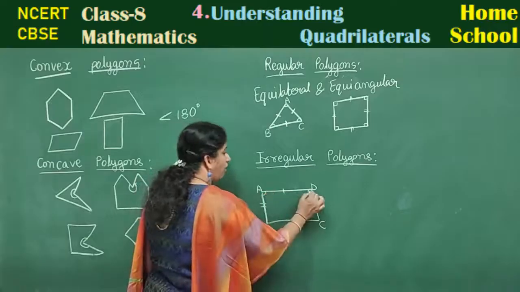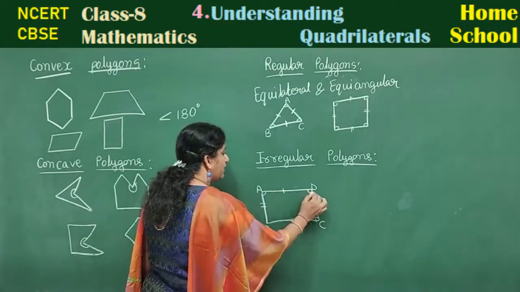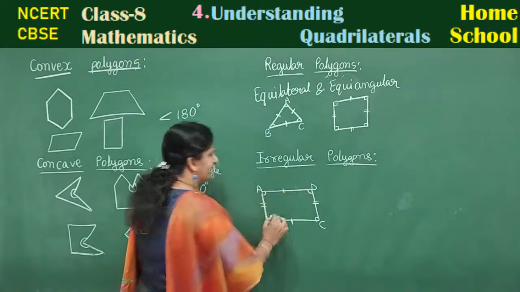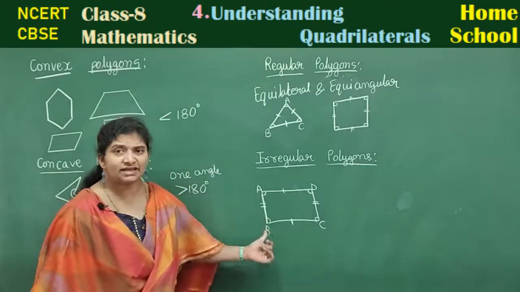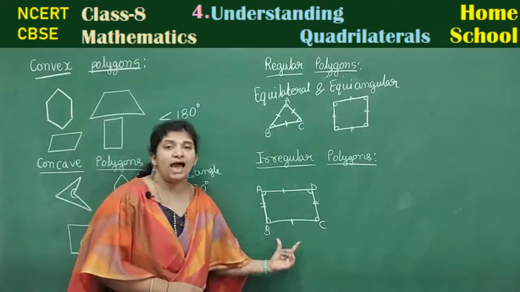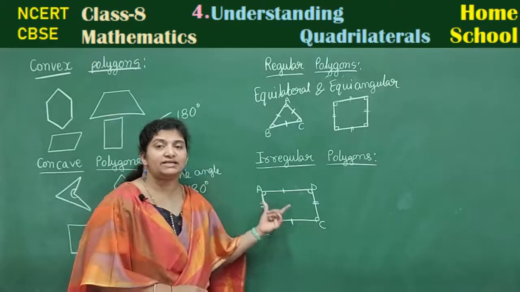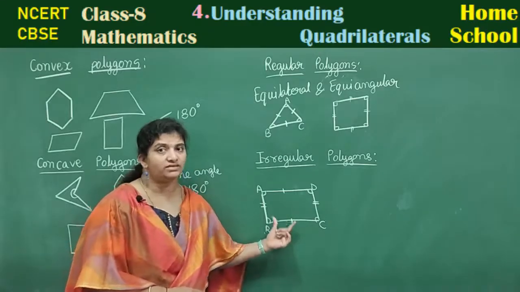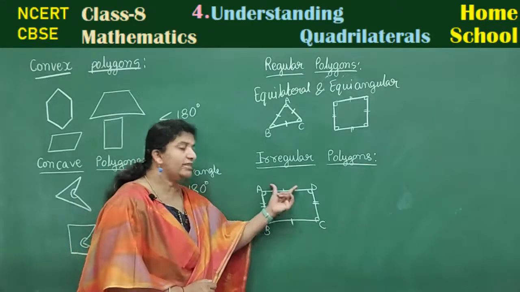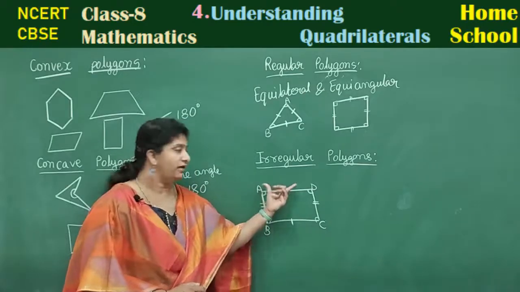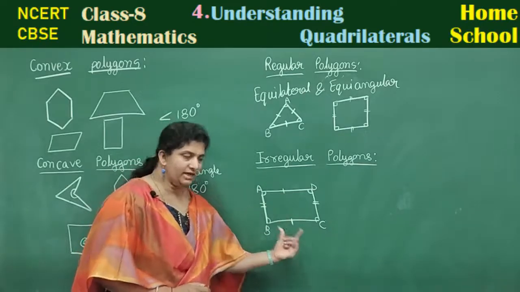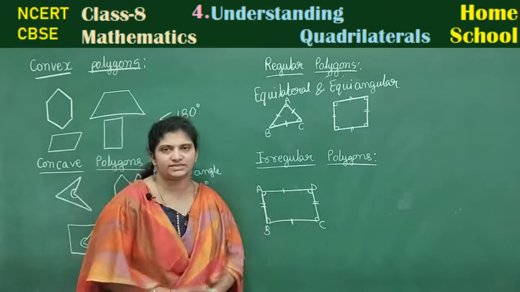All angles are perpendicular to each other, meaning 90 degrees. All angles are equal, so it is equiangular. But is it equilateral? No, it is not equilateral. Only the opposite sides are equal. AD equals BC and AB equals DC.